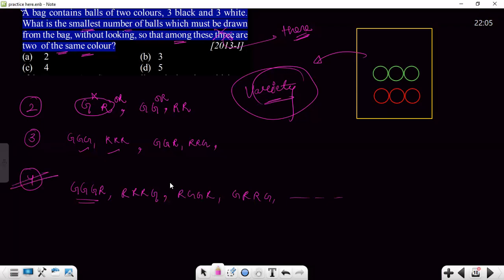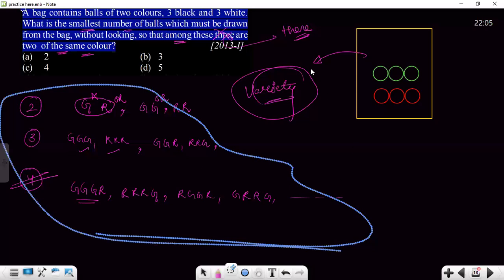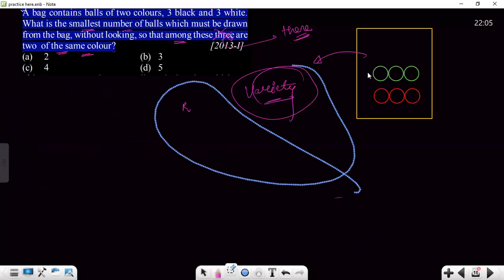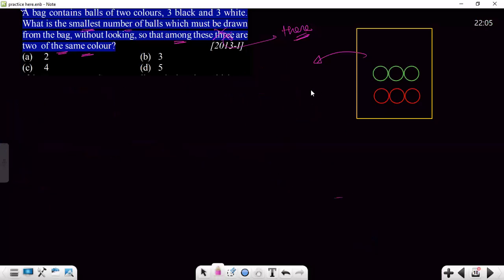So for this, we'll have to take out 4 balls. Let me also give a different perspective, which can be more understandable. If we withdraw 2 balls, then actually what we are doing is we are withdrawing a green or a red ball, either.